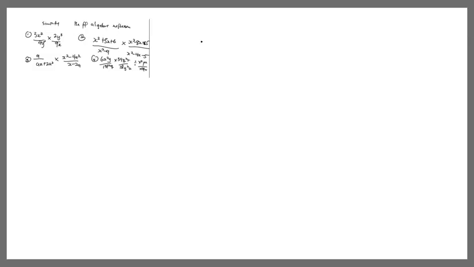So we have the first one to be 3x squared over 4y squared times 2y cubed over 9x.